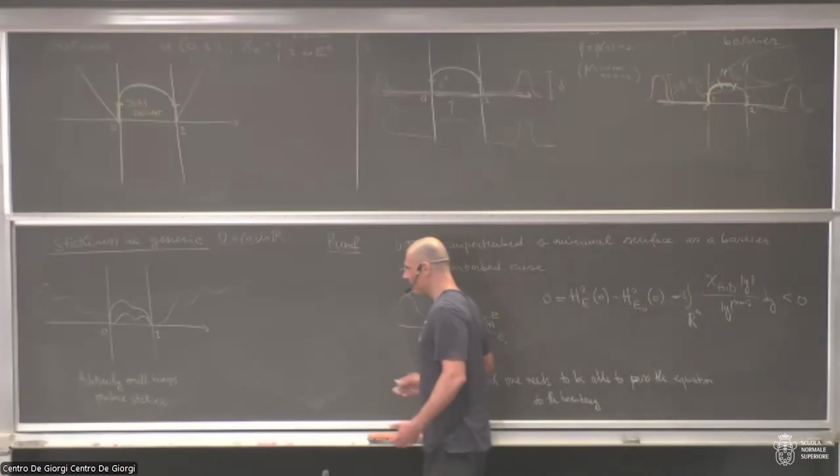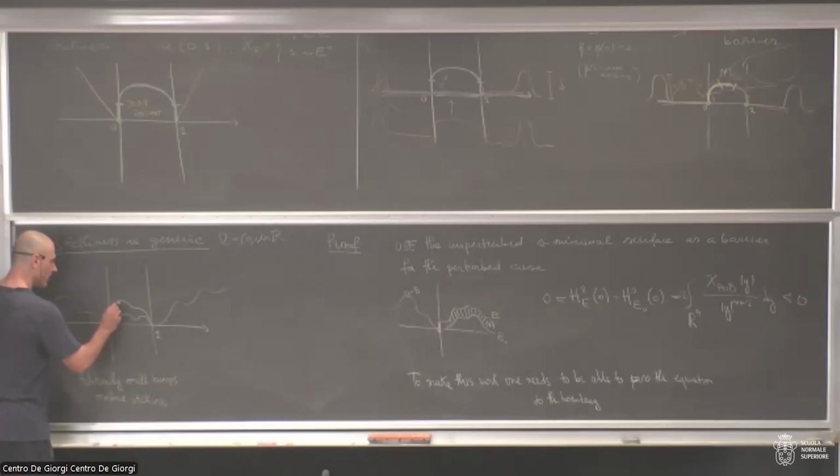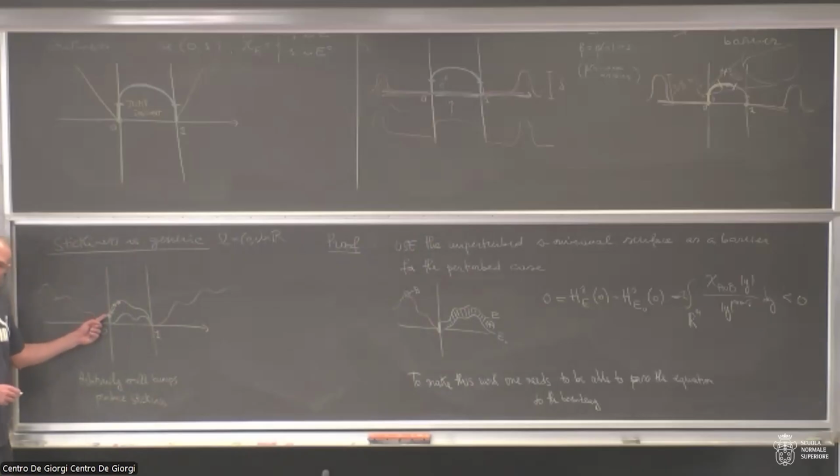So passing the equation to the boundary means that I can compute the equation along the surface, but if I have a boundary point which is reachable by a sequence of points coming from inside, the equation must be valid at the point itself.